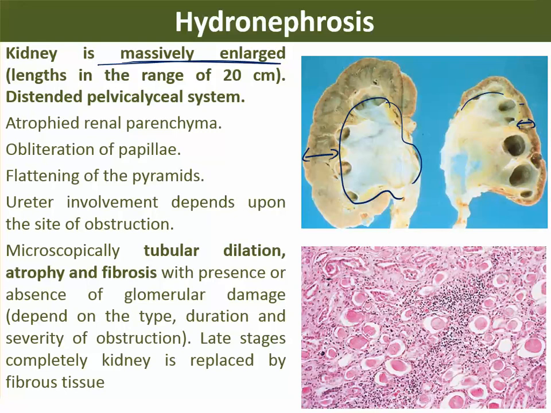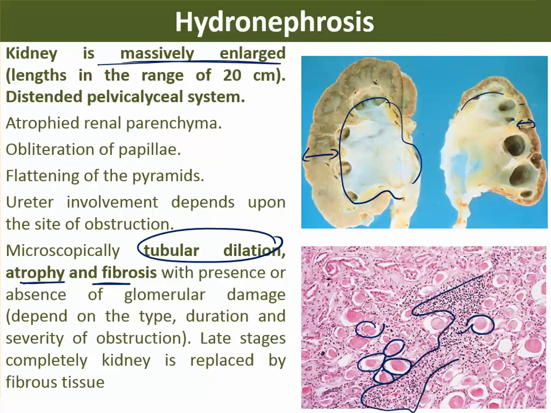This is the damage they create, and there will be tubular dilation that leads to tubular atrophy and fibrosis. You can see the dilated tubules inside, they are having fluid, right? They are all dilated and rupturing and the fluid is going out, so you are seeing the inflammation. Understand? So this is what happens in hydronephrosis.